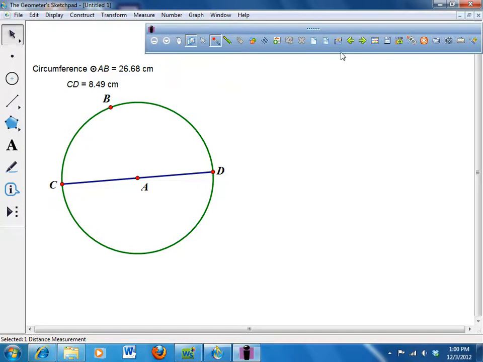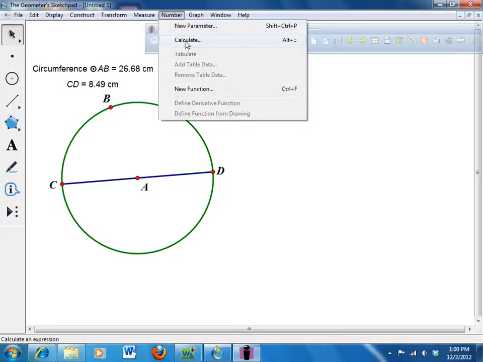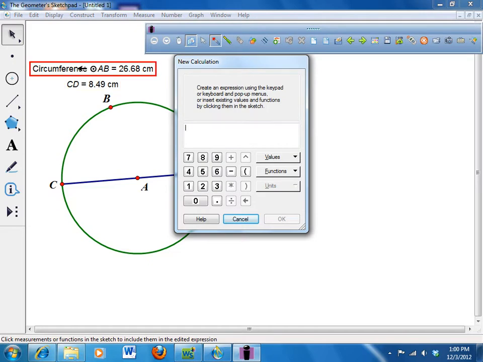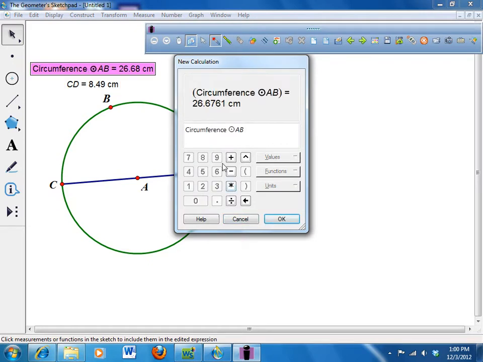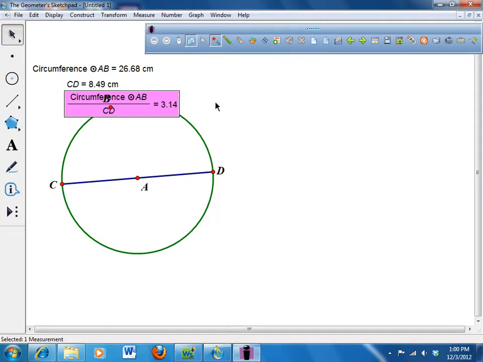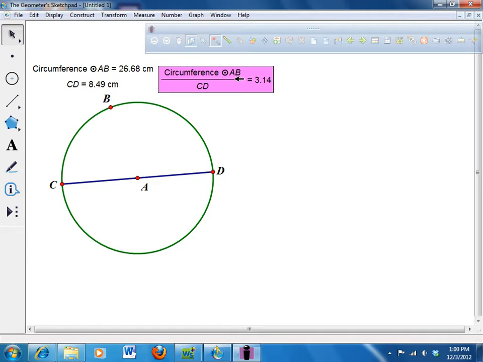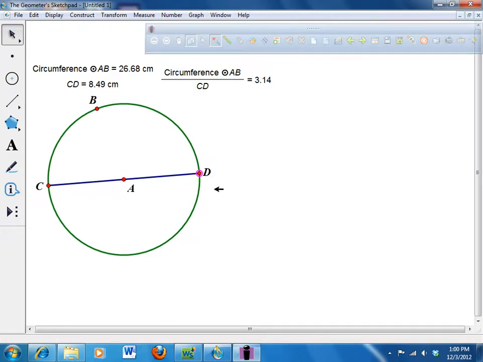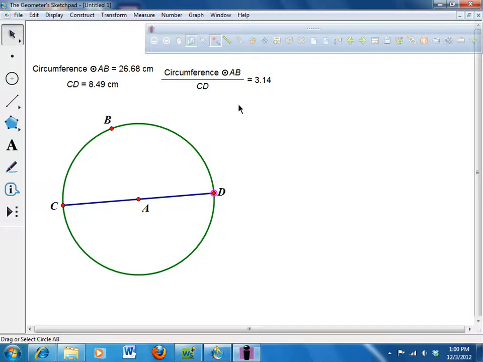Let me finish. And then I'm going to go number, calculate. And I'm going to go this divided by this, and I hit OK. And what I get is this number, which is 3.14. And you might say, well, that's not exactly pi.